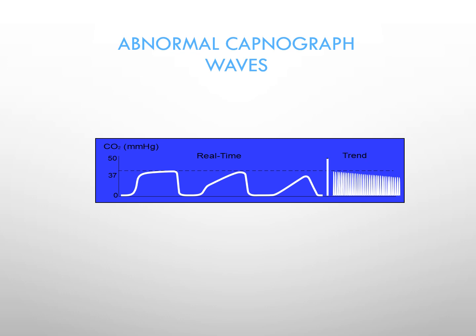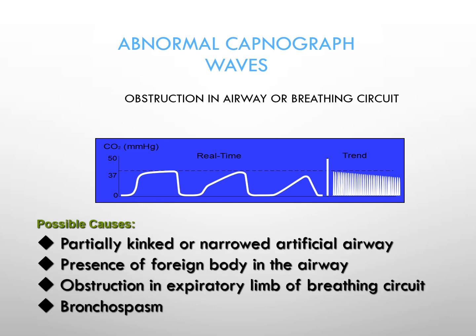This could be an equipment problem. It could also be a patient problem. It could be that the patient is becoming bronchospastic, and there is an obstruction to exhalation. So the shark fin pattern is one of the patterns you'd look for with patients that have asthma and are prone to bronchospasm, assuming you've eliminated all of the equipment-related causes.